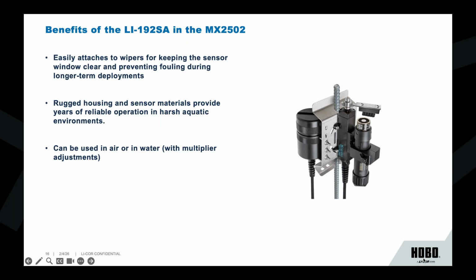We can also use it in air or in water. All LI-192s are calibrated so that you can have an in-air or in-water multiplier, so you can check it above the water column and then lower it down into the water column as needed for deployment or mounting.